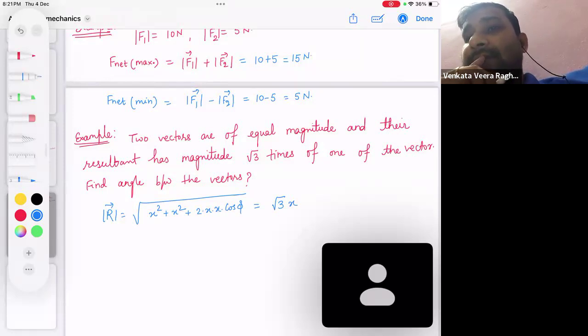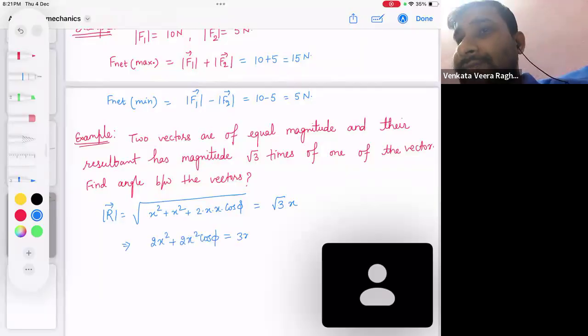Please check it. Now, if we simplify, can we square both sides? Squaring both sides, we get 2x square plus 2x square cos phi equal to 3x square.